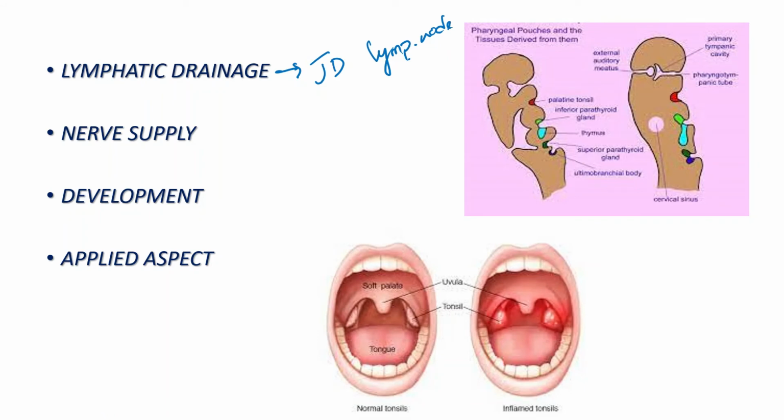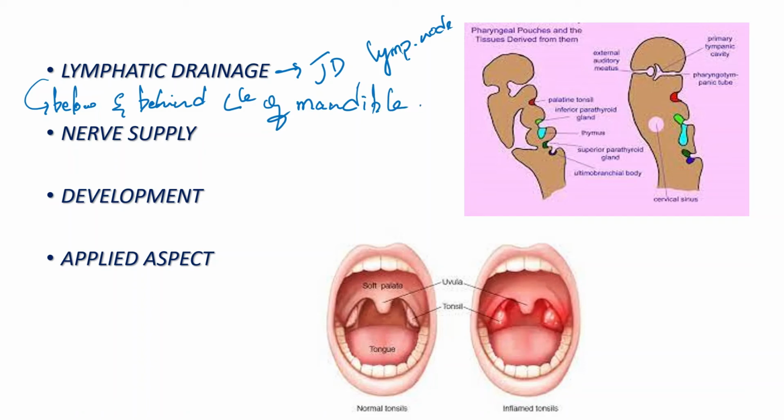One important lymph node which drains the palatine tonsil is located just below and behind the angle of the mandible. This lymph node is important because it is palpated and enlarged during tonsil infection, during inflamed tonsils.